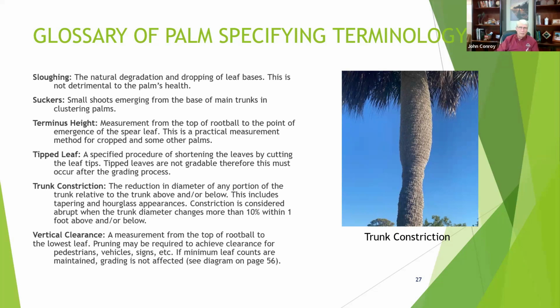And the cabbage palm that we're looking at here, I've seen that time and time again in the landscape. What happened was this lower part of the trunk was the original diameter or caliper of that cabbage palm. And then when it was dug and shipped, it went through a period of reestablishment. And here's a little bit of constriction right here.